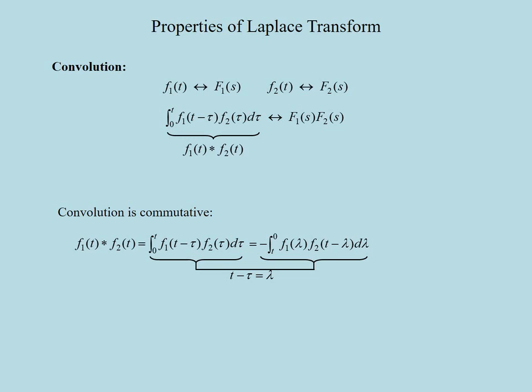So now the integral is from t to 0. Also d tau is minus d lambda. Therefore, we have a minus sign in front of the integral. You can absorb this minus sign into the integral by exchanging the integration limits. In doing so, what we obtain is nothing different but f2 star f1, which proves that convolution is a commutative operation.